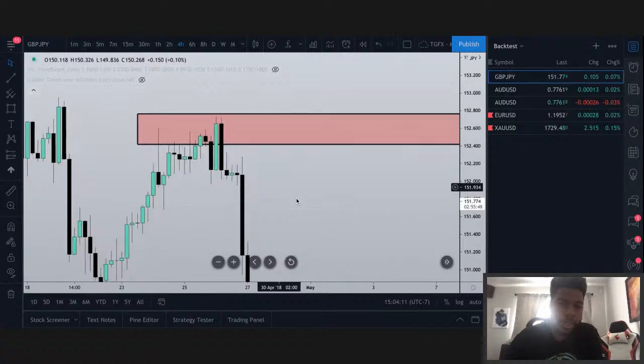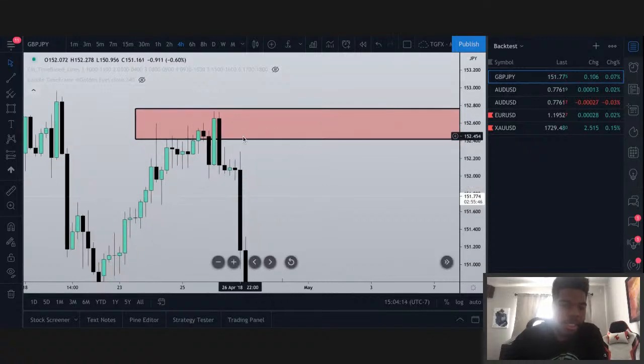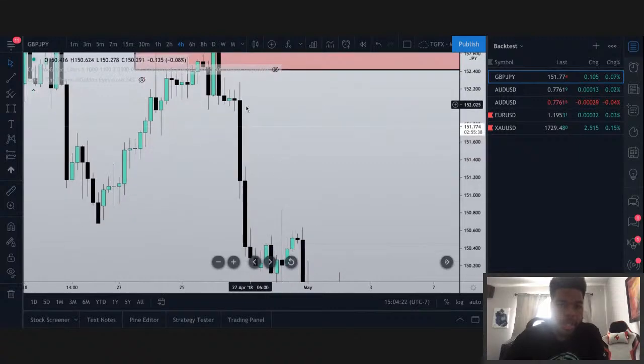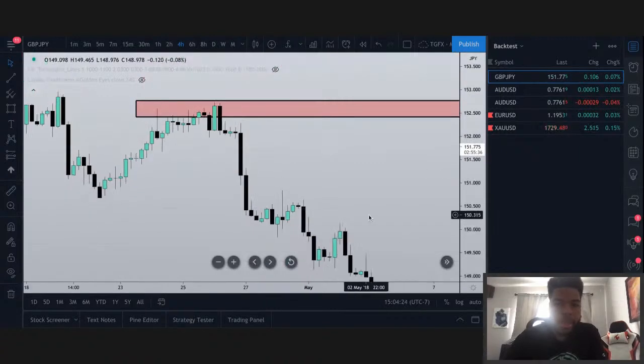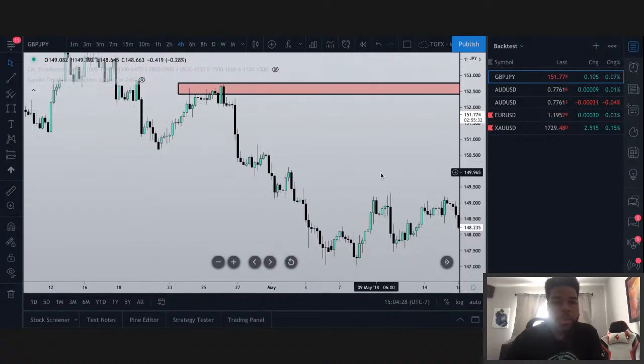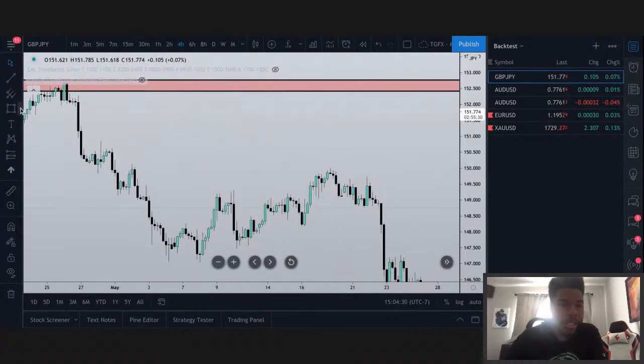This is basically telling us that there was a lot of buying and selling going on here. There was a lot of equilibrium, and then at this level, sellers took over and smashed the market down. Okay, and look at what price did after we rejected from this level.